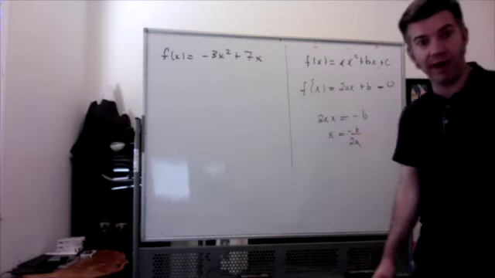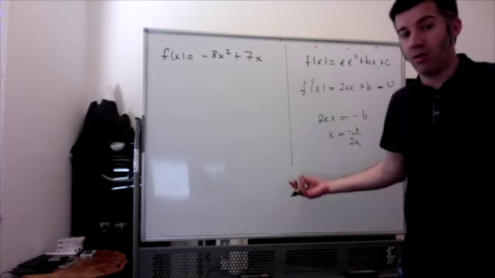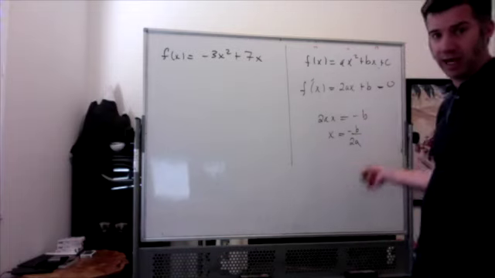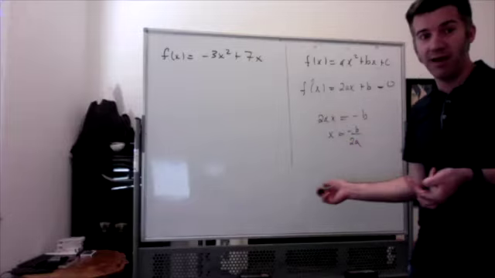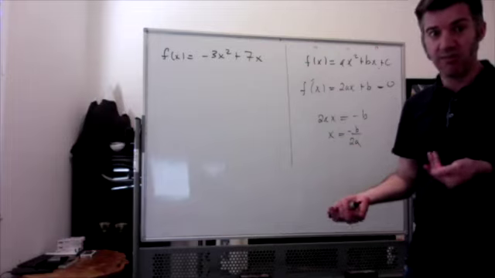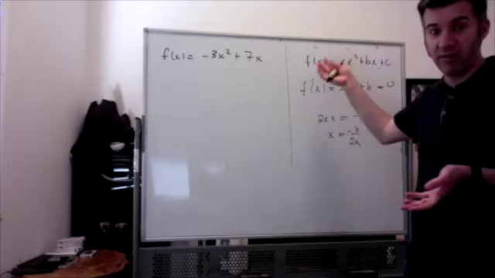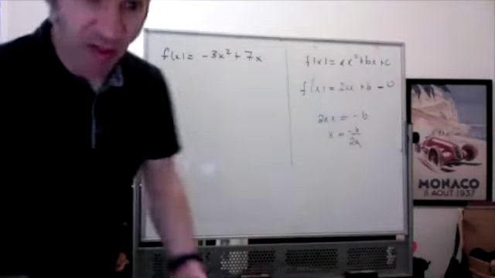Well, how about that? It's the x coordinate of the vertex. That always works. So in case you hadn't seen this before, this is one of the reasons why we find the x coordinate of the vertex by setting x equal to negative b over 2a, because you're really finding where the derivative is equal to 0. Kind of neat.